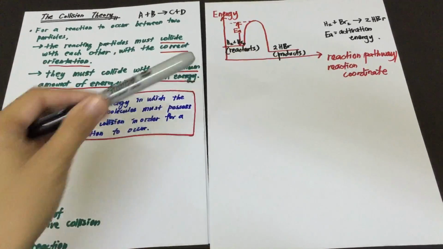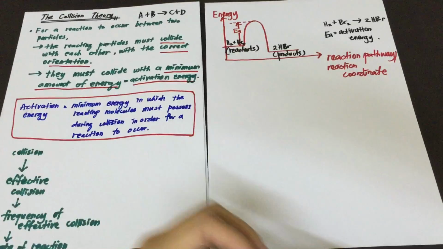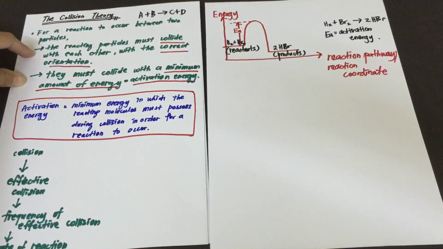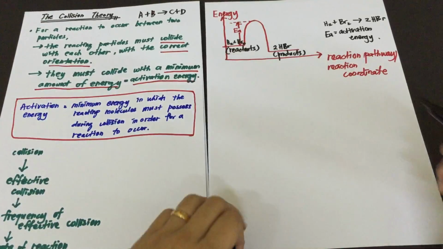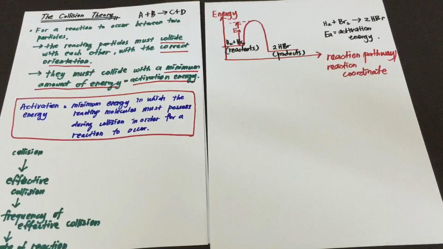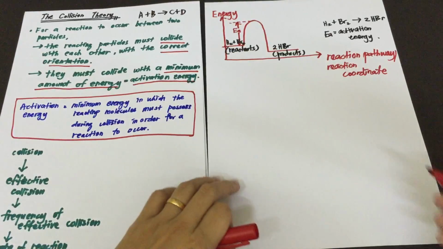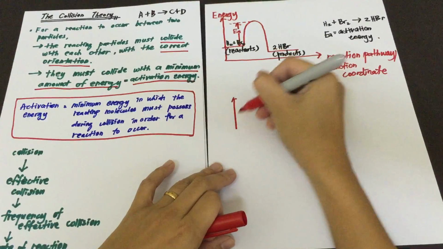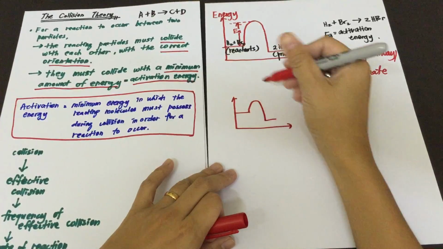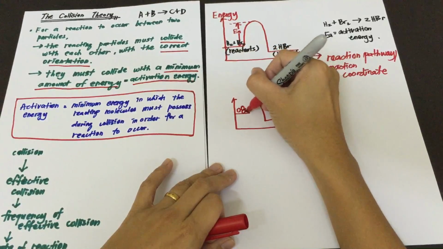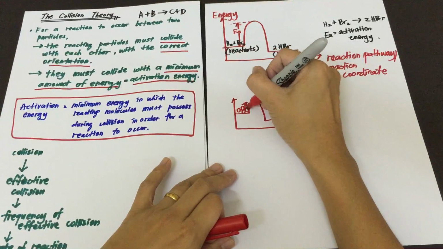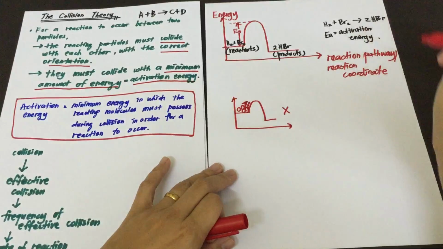Okay, in short, this is the meaning of activation energy, and we have covered the 2 points of the collision theory. So to strengthen this point of activation energy, let's say, for example, a particular reaction has collisions over here and the reactants couldn't get up to the top of the hill and they slide down, then no reaction will occur.